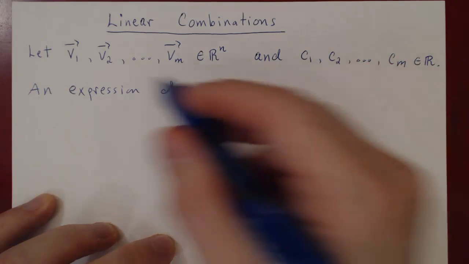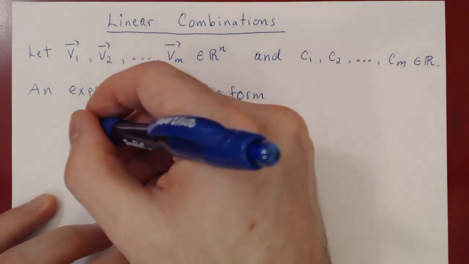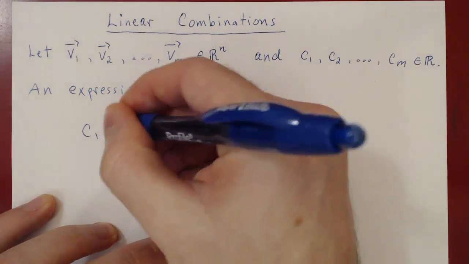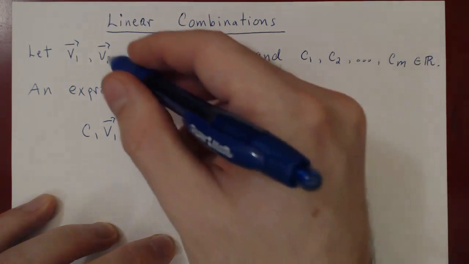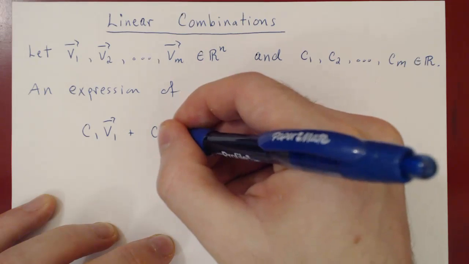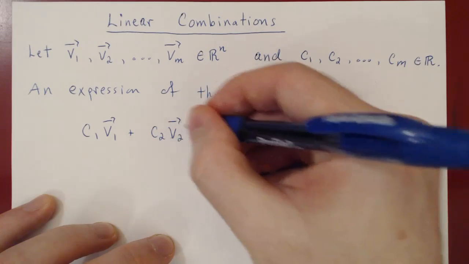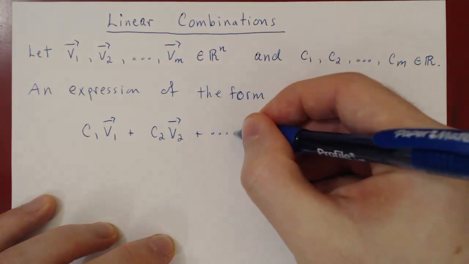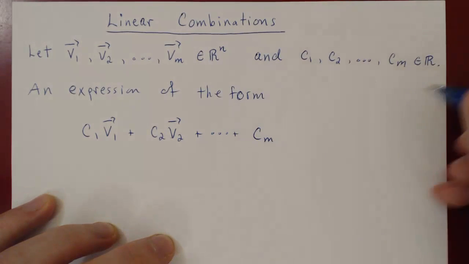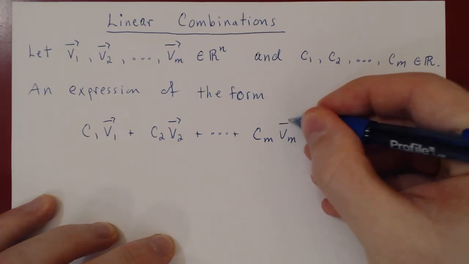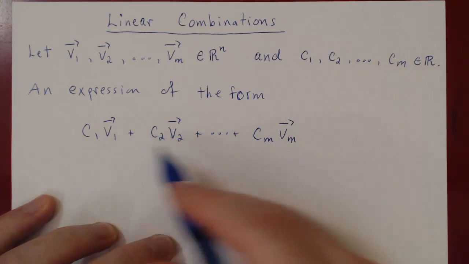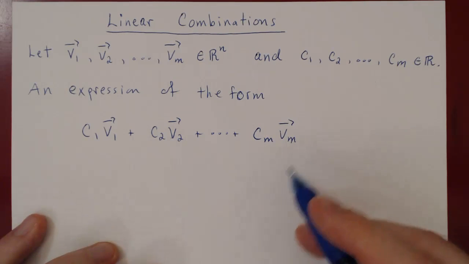It's some scalar multiple of v1, so c1 times v1, plus some multiple of v2, up to some multiple of the mth vector vm. An expression of this form is called a linear combination.